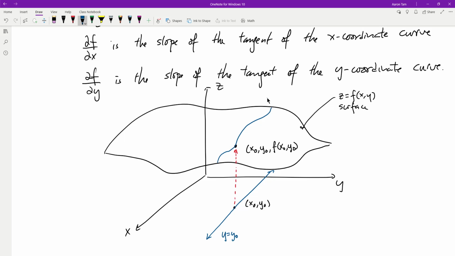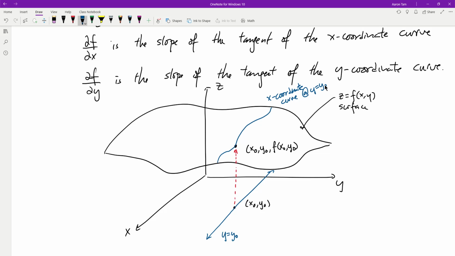It would translate up to the surface, forming some kind of curve on top of the surface. That curve is called the x-coordinate curve. In order to form an x-coordinate curve, you must fix a y value and allow the x to move. So I can say that this is an x-coordinate curve at y equal to y sub 0.